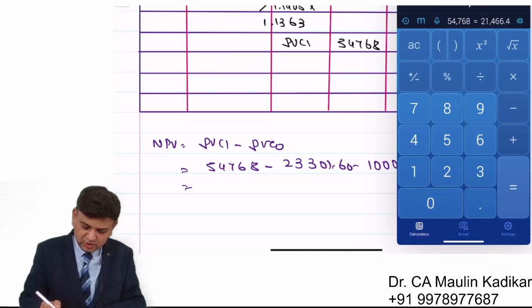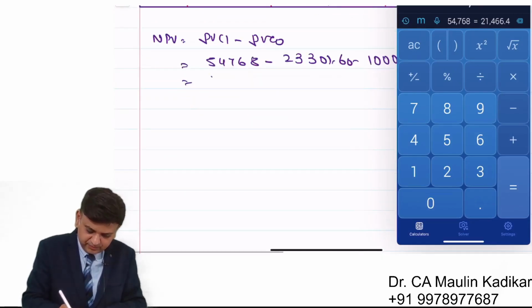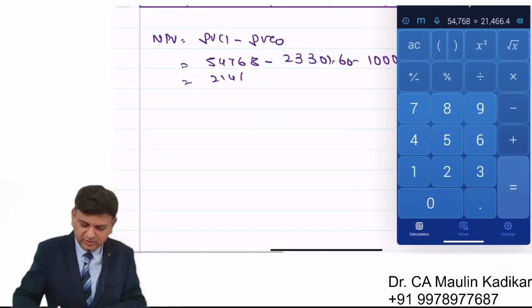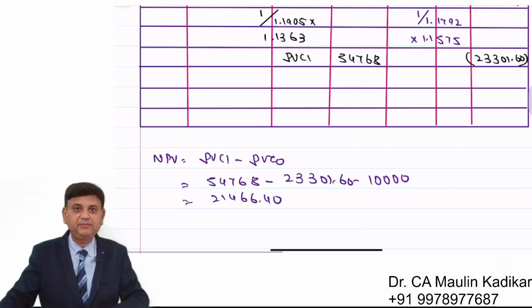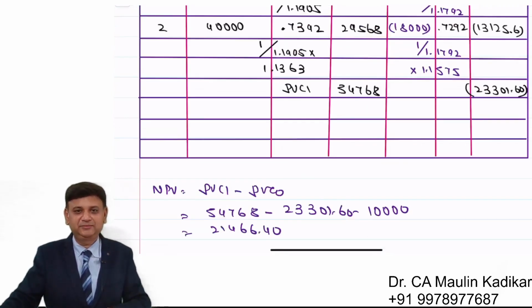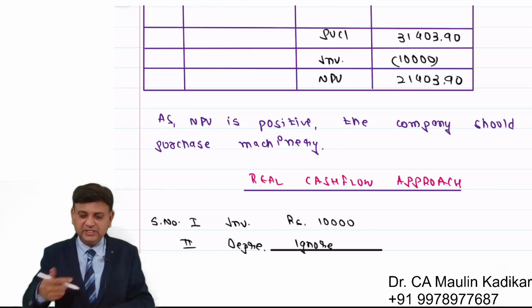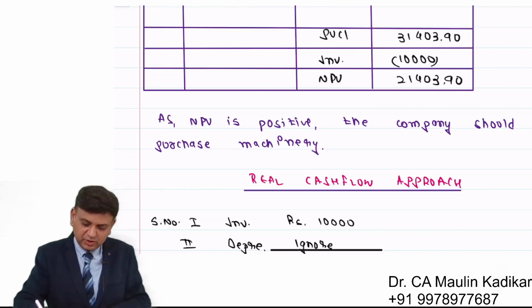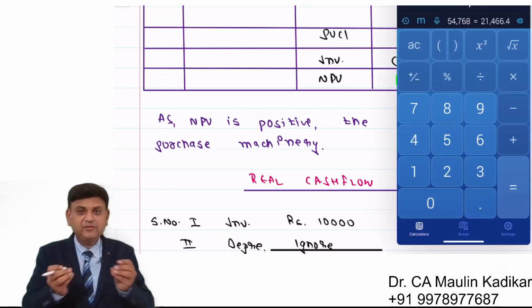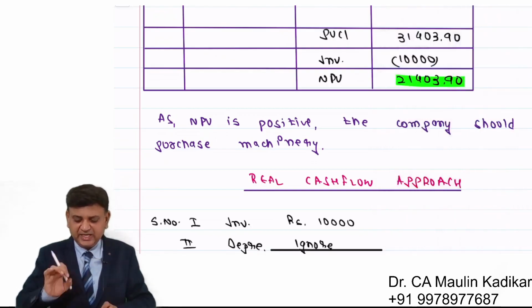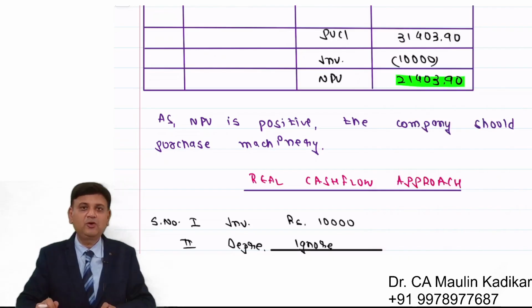So it is 21,466.4. That is the way the NPV can be found. Friends, over here you can see that the answer is 21,403. This answer and this answer are very near. It would be exactly the same if we take all the decimals.